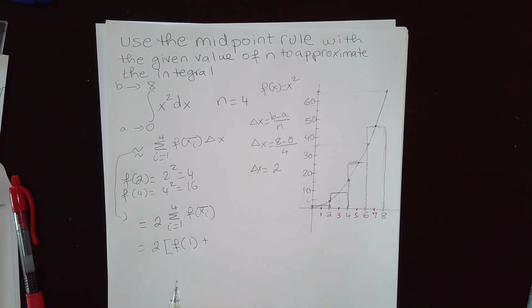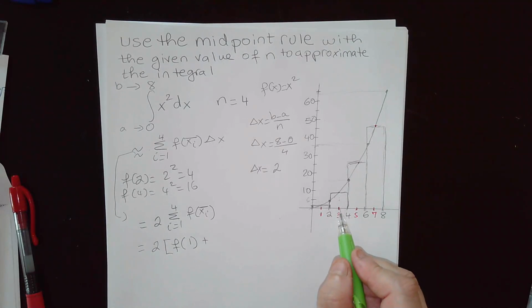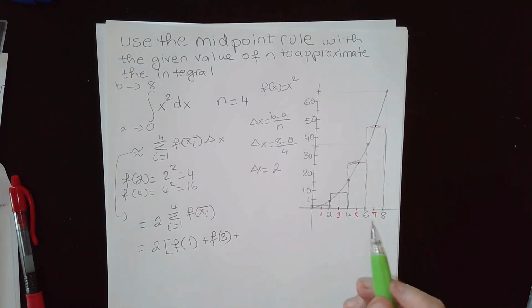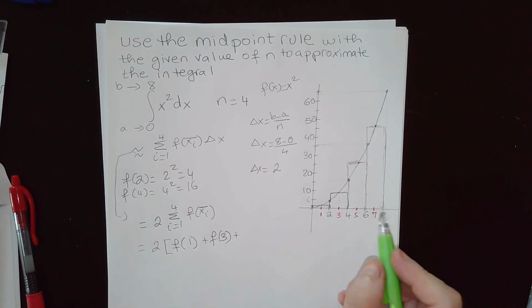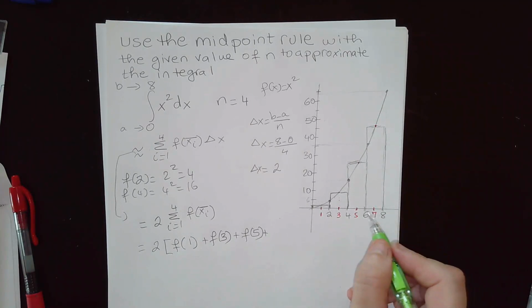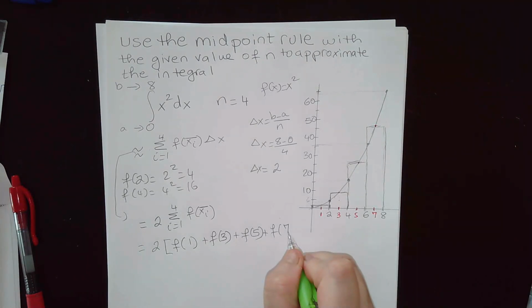For i equals 2, the second rectangle, the midpoint is 3, so it's f(3) plus. For the third rectangle, the midpoint is 5, so it's f(5) plus. For the last rectangle, the midpoint is 7, so f(7).